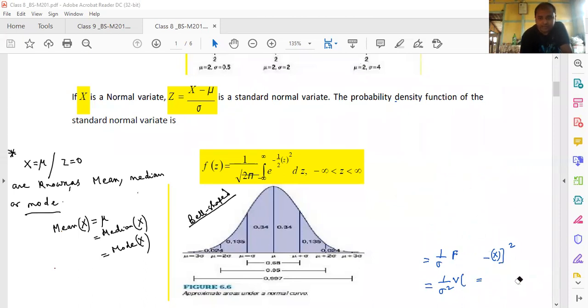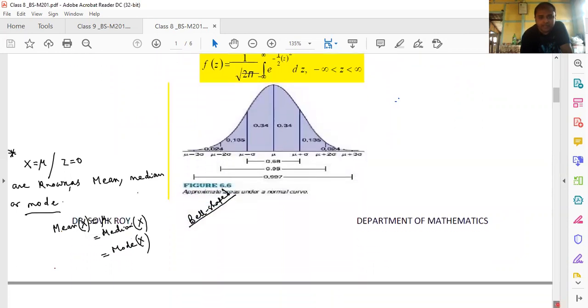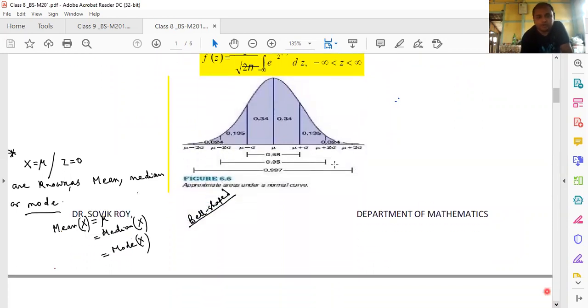So I'm going to erase the right hand side. Okay. Now let us scroll down a bit. As you can see, I have drawn a figure over here, a figure of the normal variable.